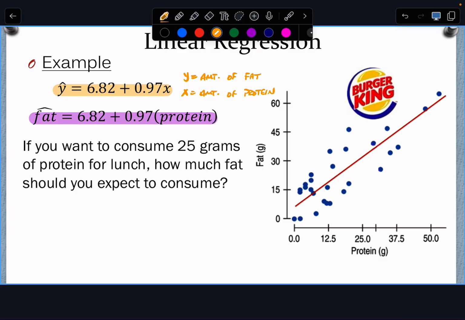And then like we talked about, for these regression lines, the whole purpose is for us to be able to predict values that we don't have access to. So in this case, the question might be, given this regression model, if you want to consume 25 grams of protein for lunch, how much fat should you expect to consume? So if I was going to use that regression model to predict the amount of fat, I use the equation and plug in the value we're asking about.